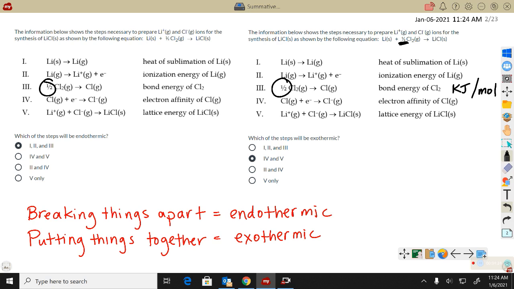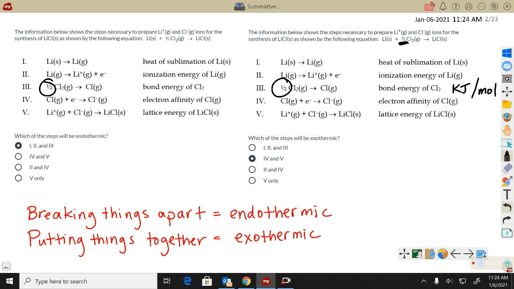In general, the rule of thumb is that whenever you're trying to break things apart, you have to add energy. Whether that's going from solid to liquid to gas, if I'm separating the atoms, I'm trying to break them apart from the original solid metal, that takes energy. If I want to remove the electron, that takes energy.